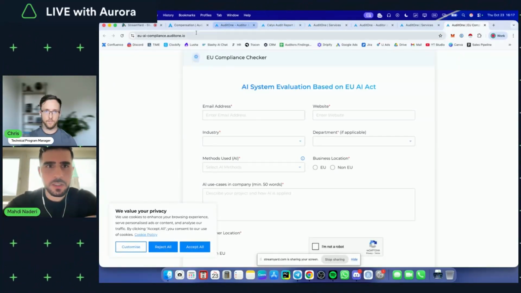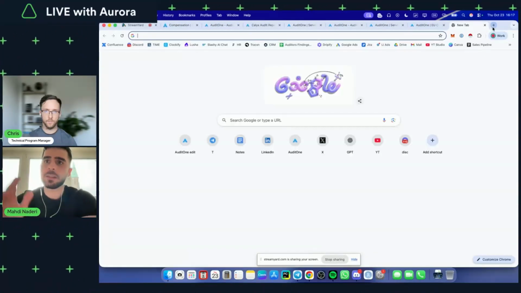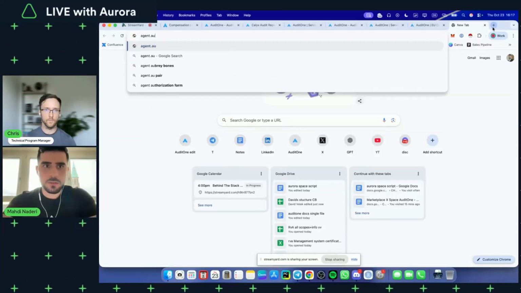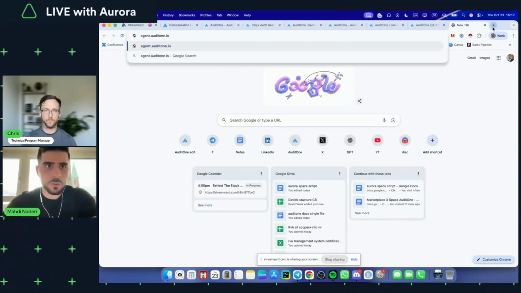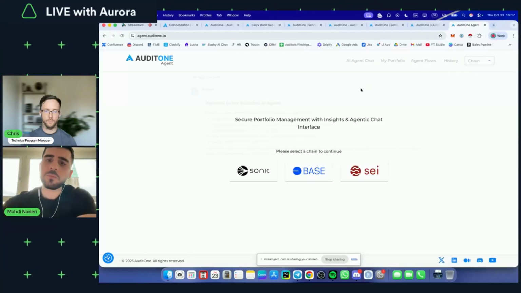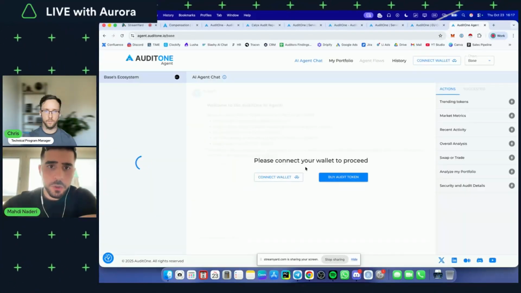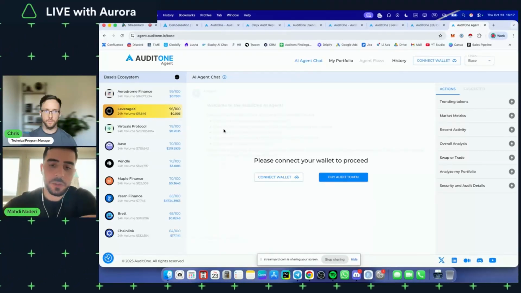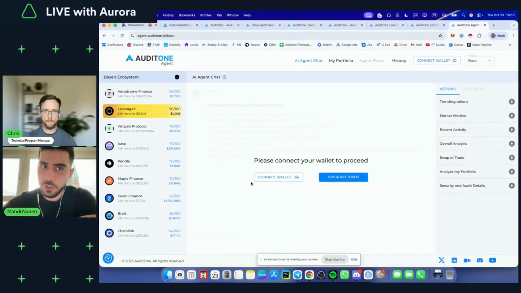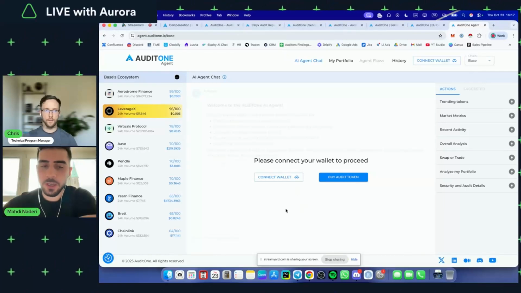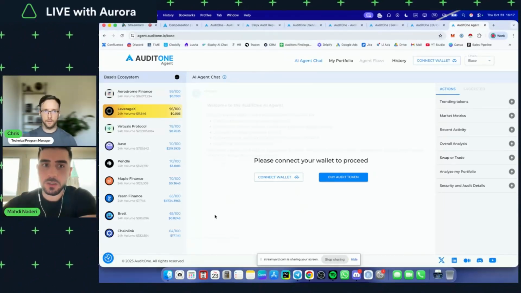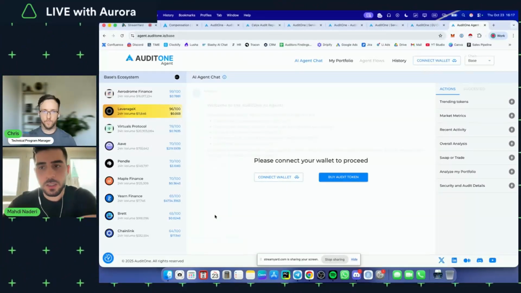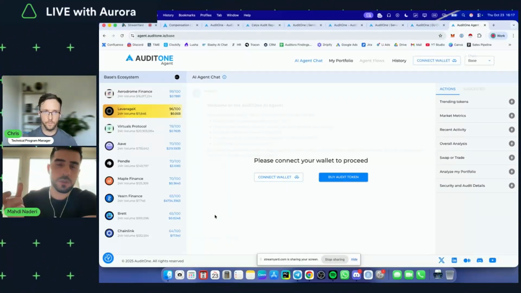One of the AI tools that we've recently developed is the agent. I'm not going to showcase this too much because it's going to require its own session. But long story short, you can use this chatbot-like agent where you analyze the tokens on different chains, such as Sonic, based on their security score.